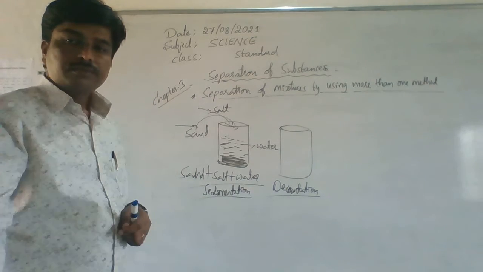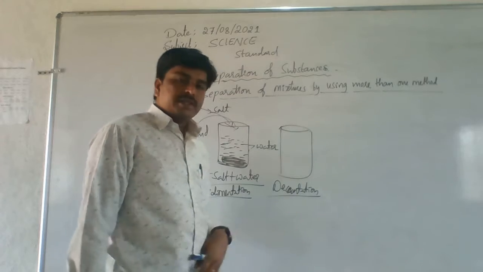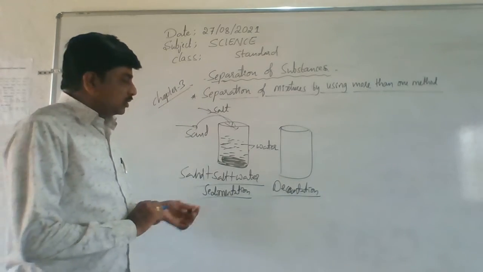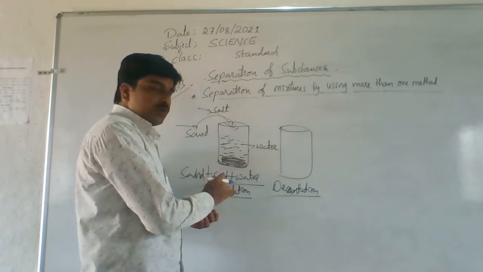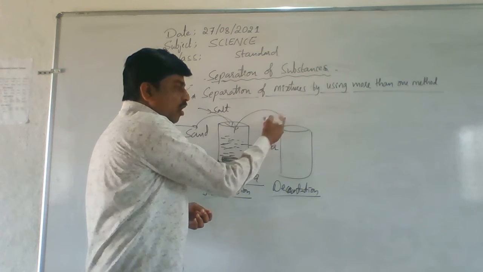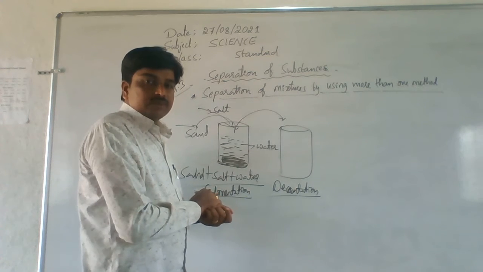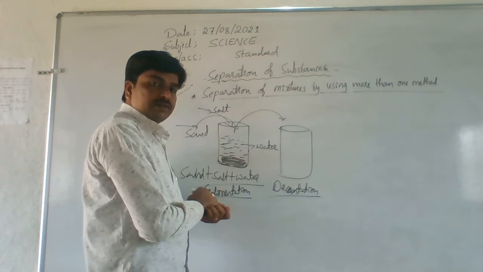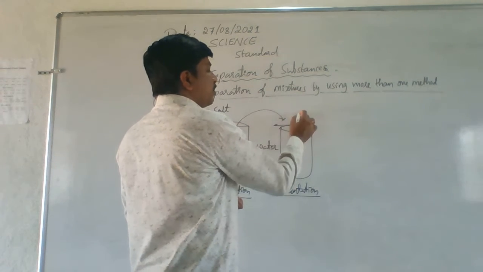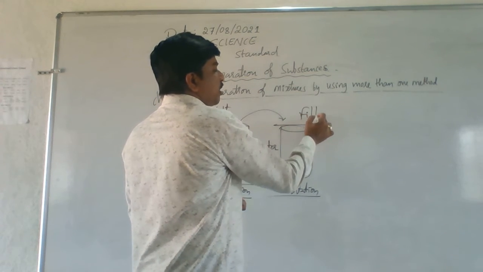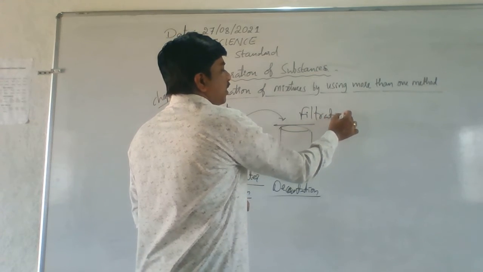In the decantation method, take this beaker slowly and pour this water into another empty beaker slowly. Understand? Here you are using filter paper. If you use a filter paper, that method we call filtration.